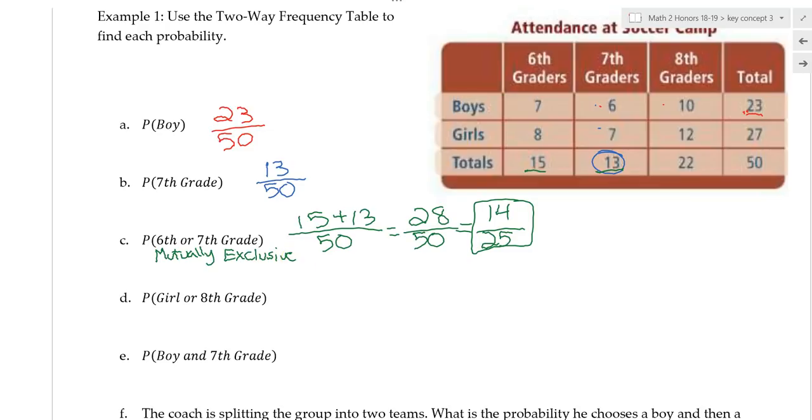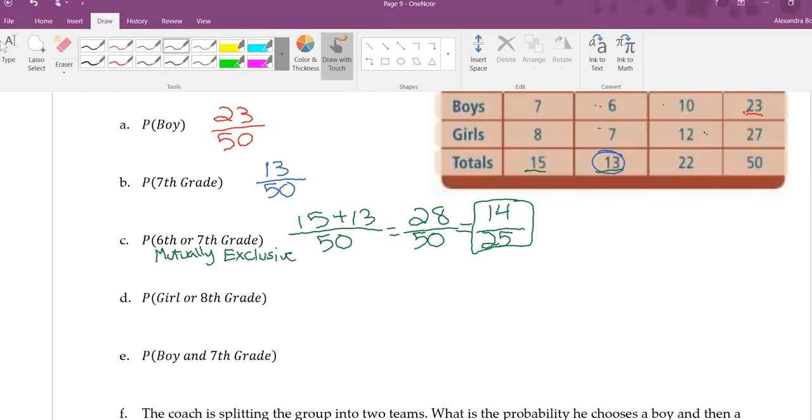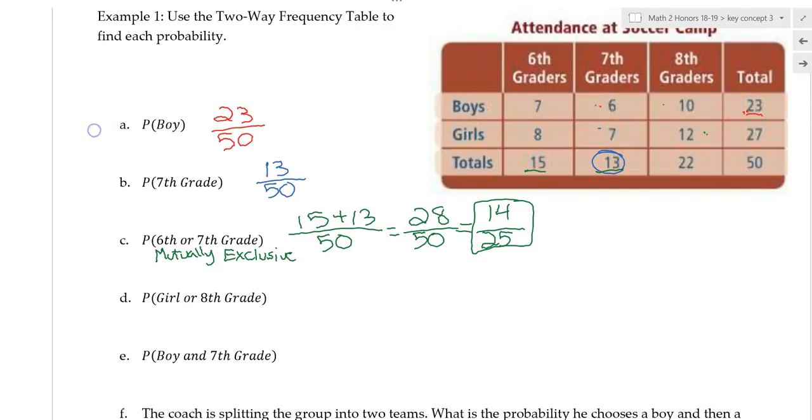So looking at letter D, the probability of girl or 8th grade, well, I can be a girl and in 8th grade. So these are inclusive events.